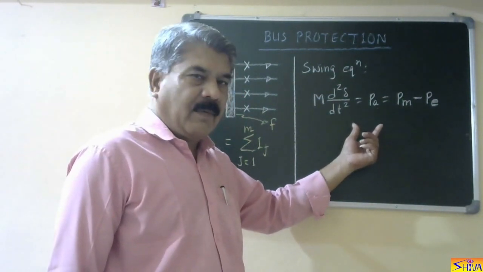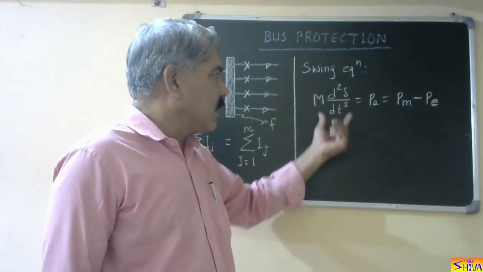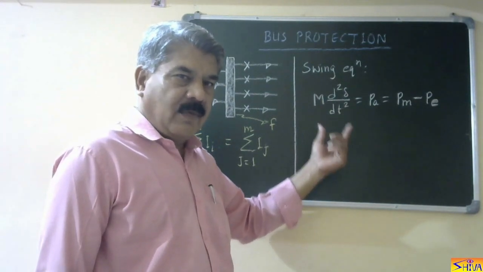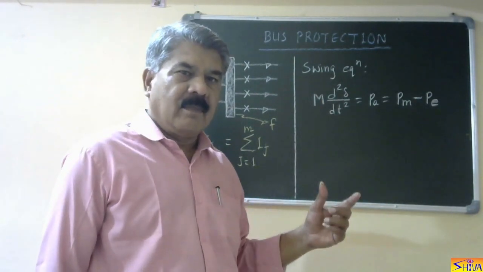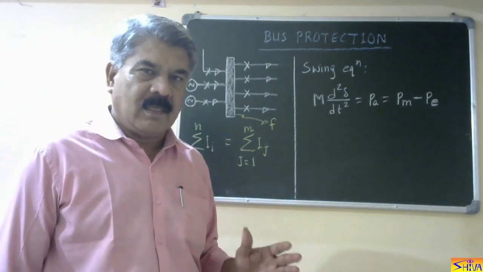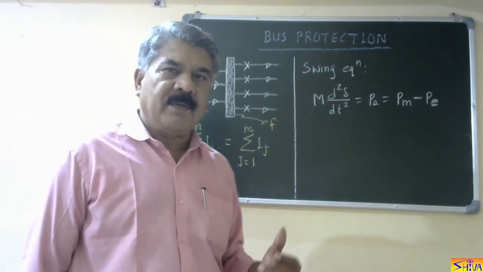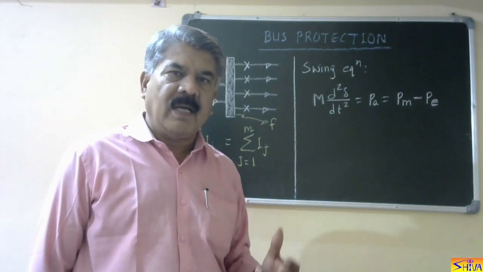So accelerating power, or decelerating power, will be very large. Therefore, the swing of the delta will be very fast, and therefore there is a possibility that transient stability of the system is lost.